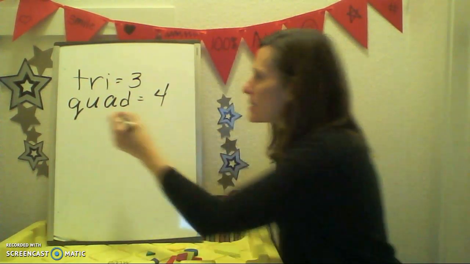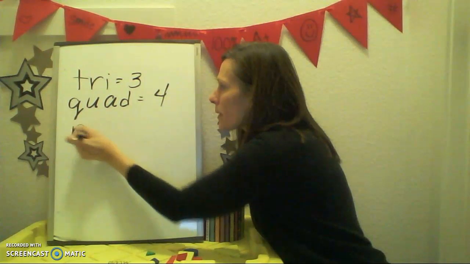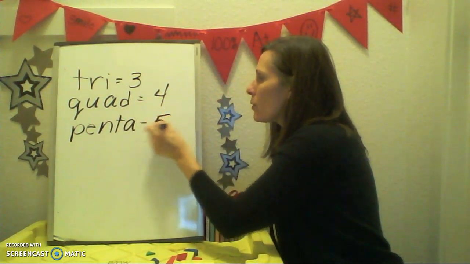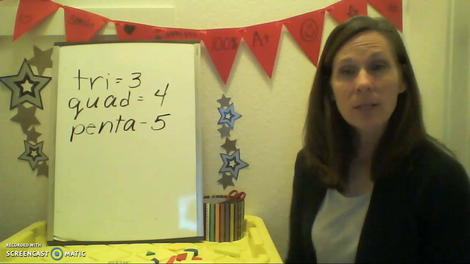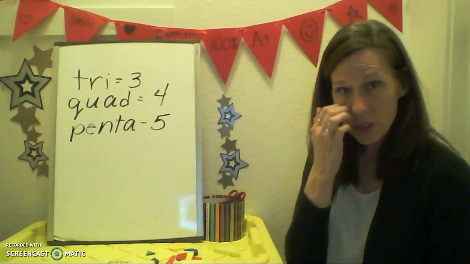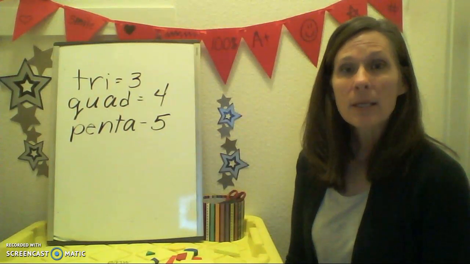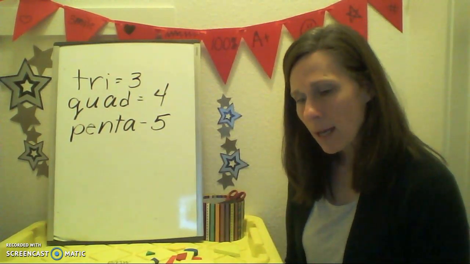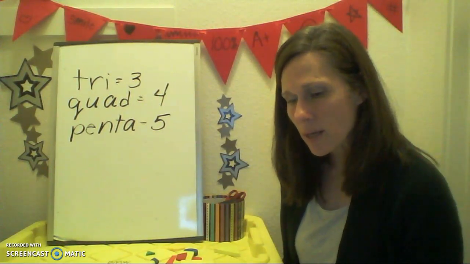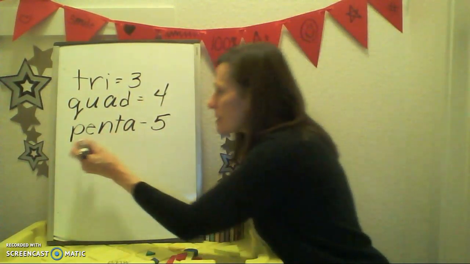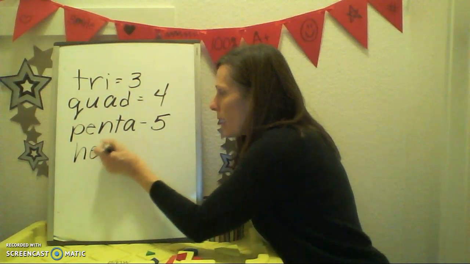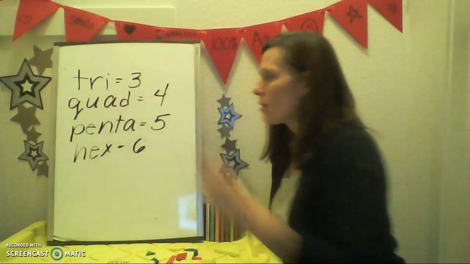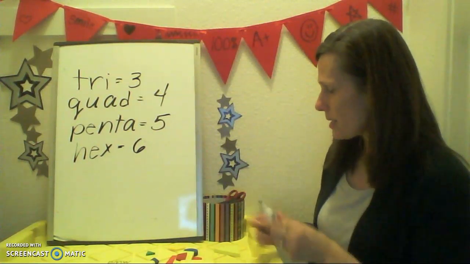Let's do another one. The next one is penta, like a pentagram, and that one means five. A stop sign would be a shape that has five angles and five sides. The last one that I wanted to talk about is hex, hexagon. A hexagon is a shape that has six angles and six sides.